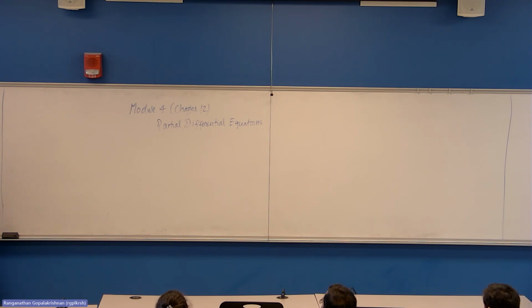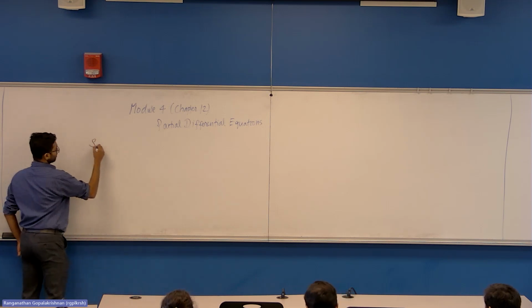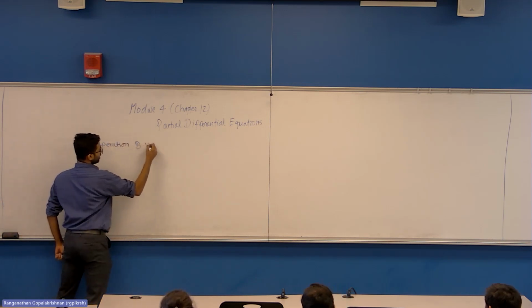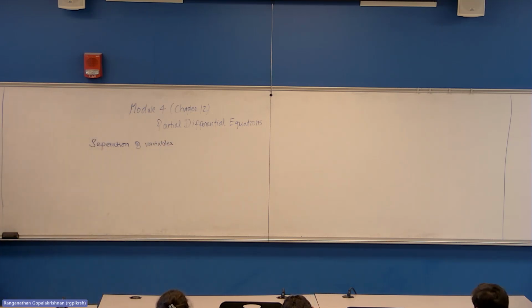They are the result of the application of fundamental laws of physics to a particular context. And what we are going to learn in this unit is a technique called separation of variables. We are going to apply this technique repeatedly for every type of partial differential equation. And we are going to see specifically a few types.